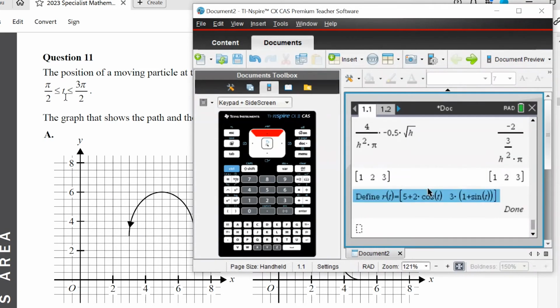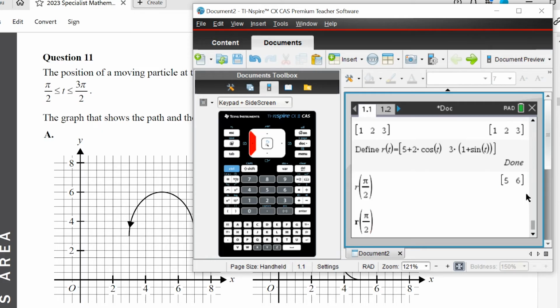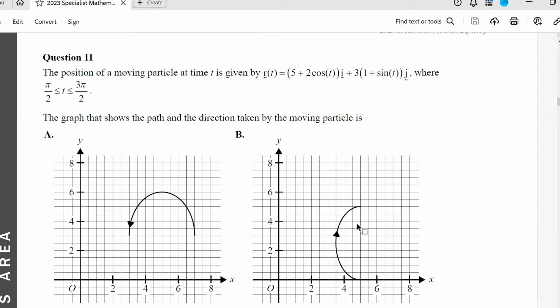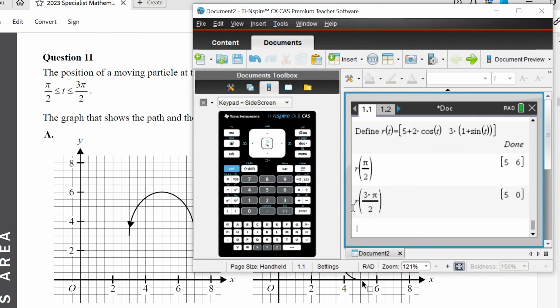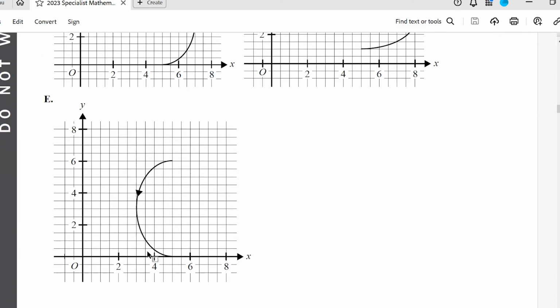By just doing r of pi on 2, I know that I should be starting at the point (5, 6) and ending at the point (5, 0) at 3 pi on 2. So no, that's the opposite, okay? Because I should be starting at (5, 6) and ending at (5, 0). So here we are. That's the only one that works.